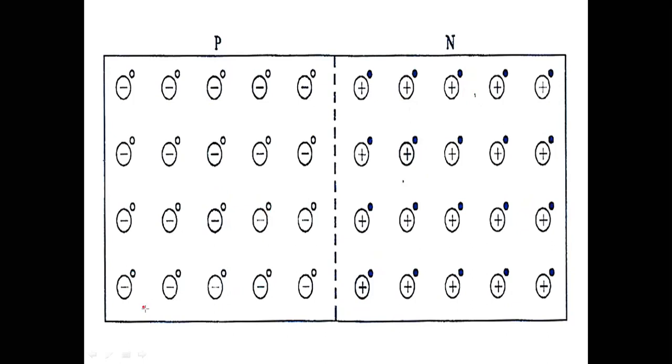Here I am showing some minority charge carriers, which are electrons. How did these electrons come out? After breaking the bonds of silicon atoms, the electrons are free to move anywhere. So these are the electrons which are breaking the bonds.